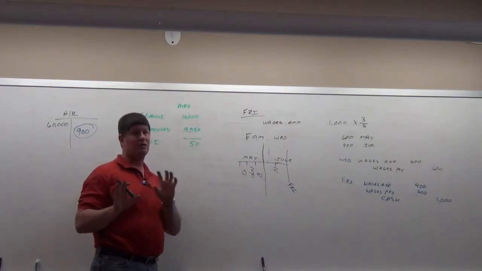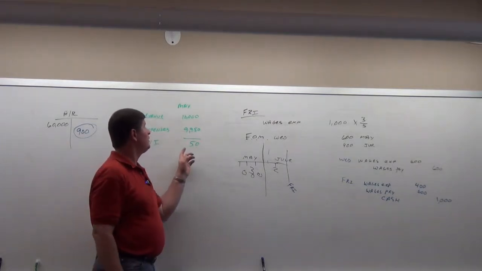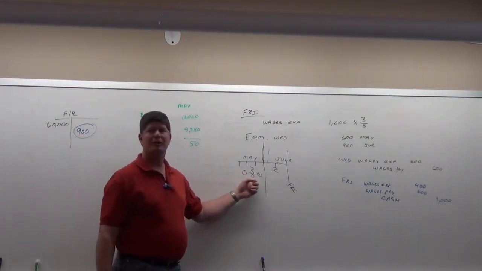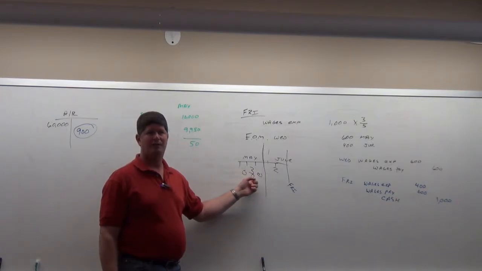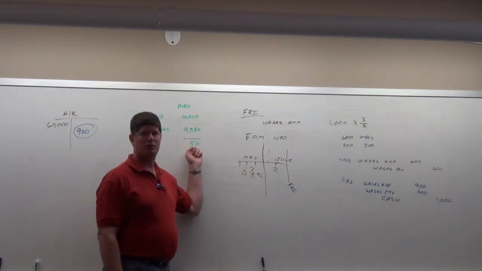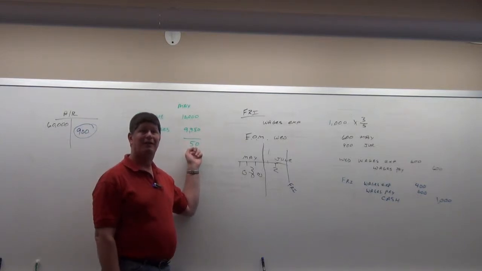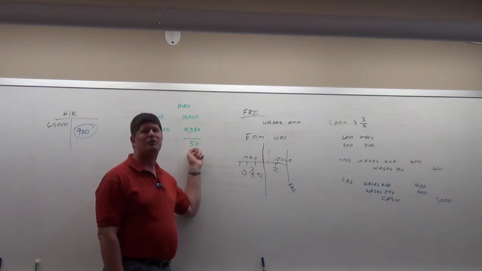Okay, and this is an extreme case, and I'm doing it on purpose. So I don't record the 3 days of May, and my income statement shows a net income of $50. Did I really make money that month? No. It doesn't reflect the true economics of what happened.